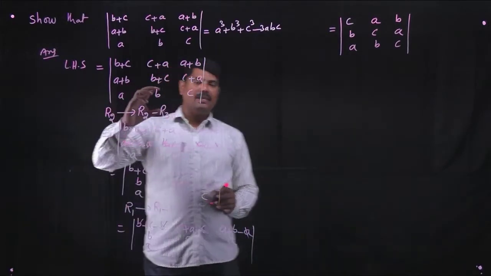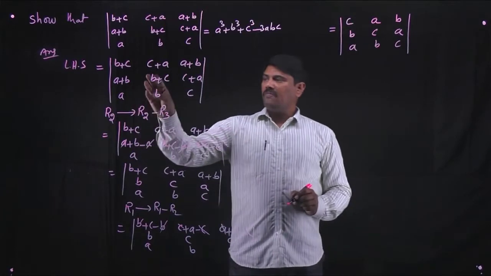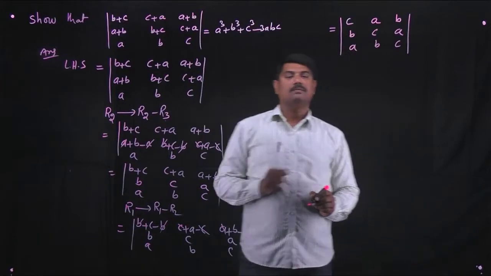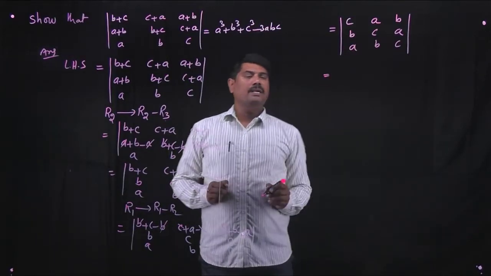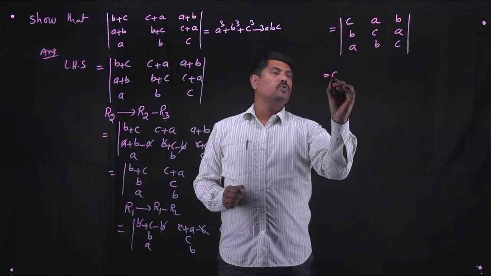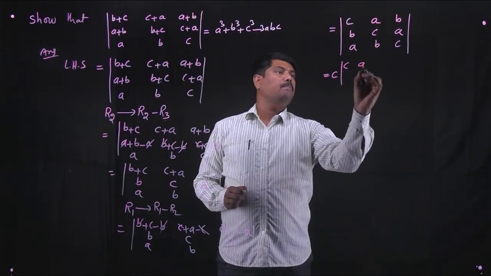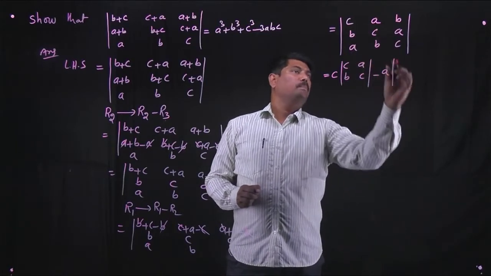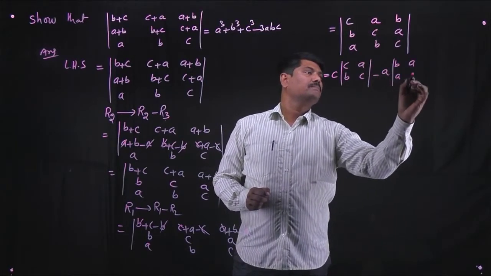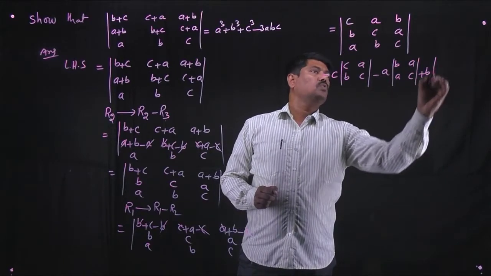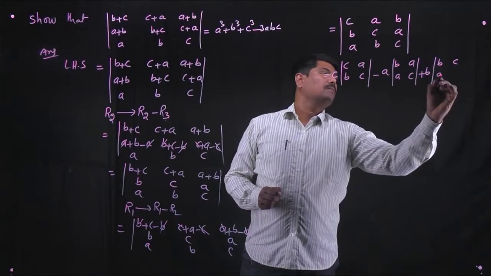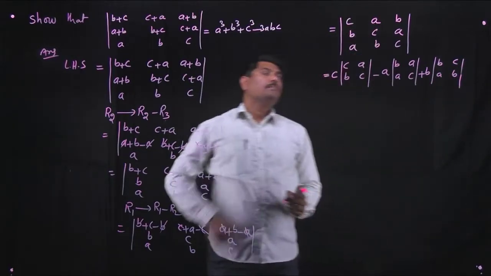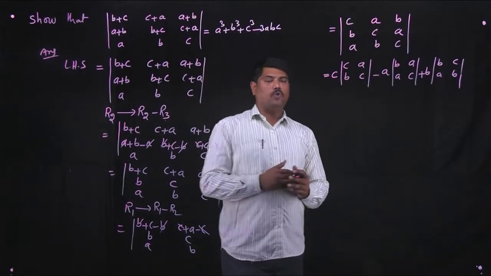As I explained earlier, expanding the determinant from this step is much easier than expanding from the earlier step. Using the determinant concept, I am expanding along the first row, multiplying the elements of the first row with their cofactors.